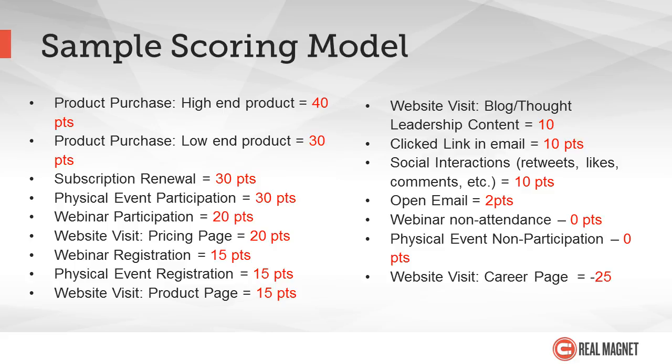Opens are an interesting one as well. When we started our own lead scoring campaign, we assigned that 5 points. One thing we saw very early on was that there are meaningful anomalies. For example, certain spam filters open every single email and click every single link.